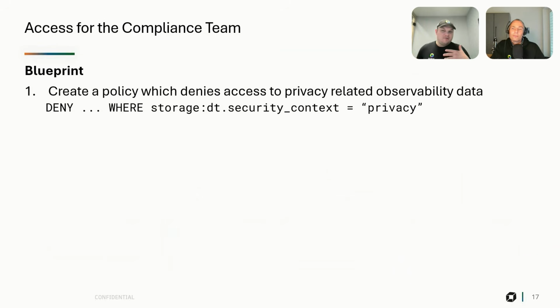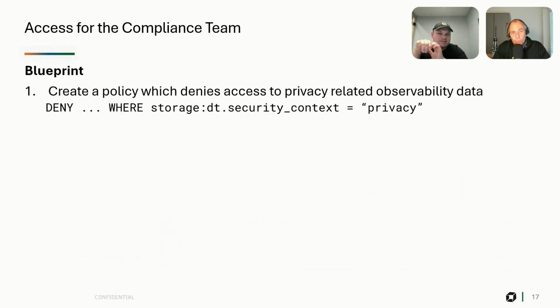And here actually would come some more advanced features into place. Like we would create actually a custom policy where I would say, okay, exactly what you said at the beginning, Andy. We need to disallow, or in our case, deny the access to the privacy-related data, which we are labeling with a specific security context.